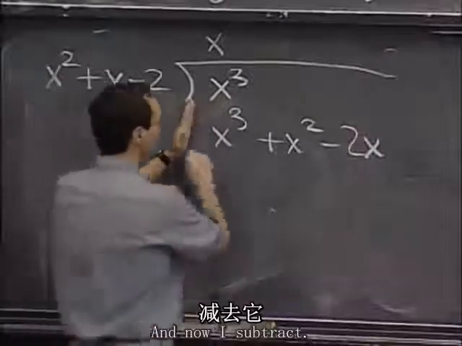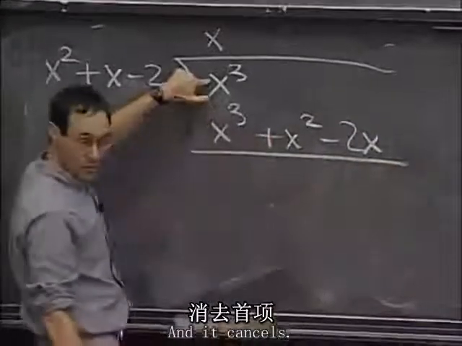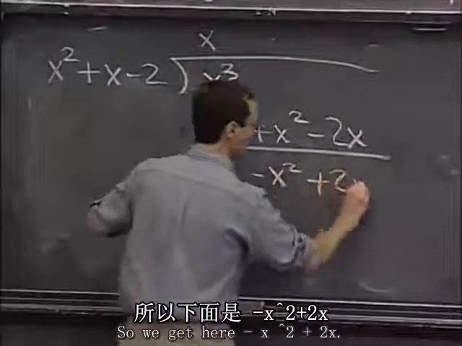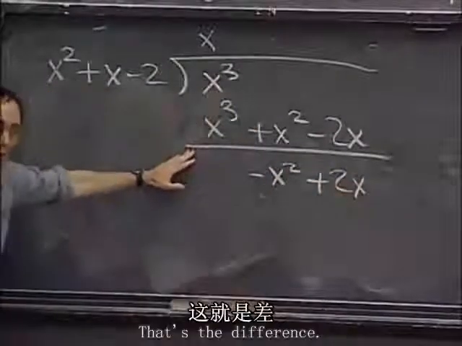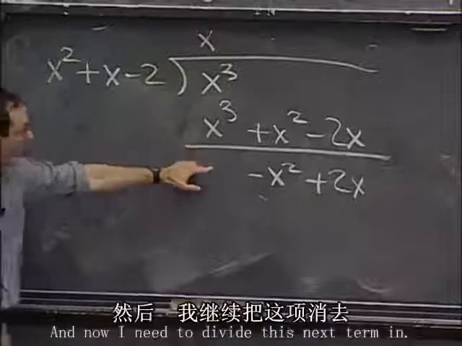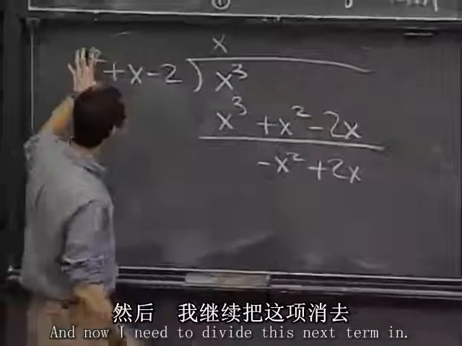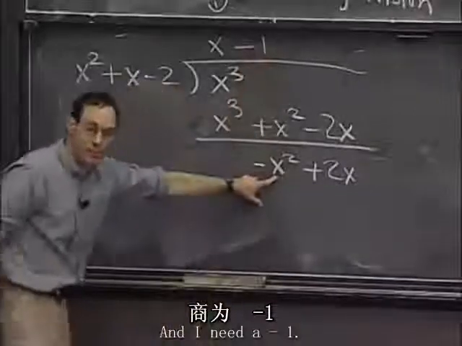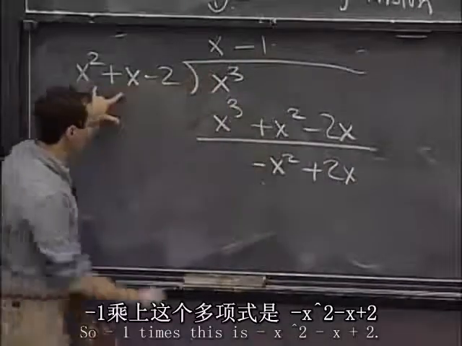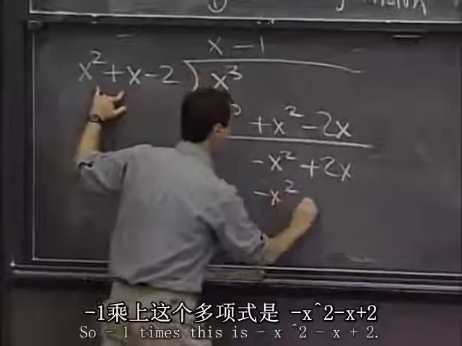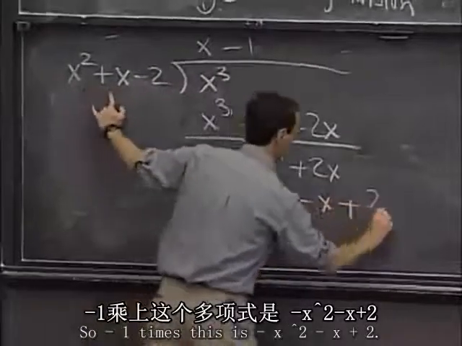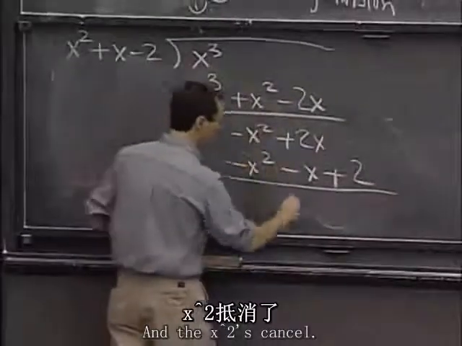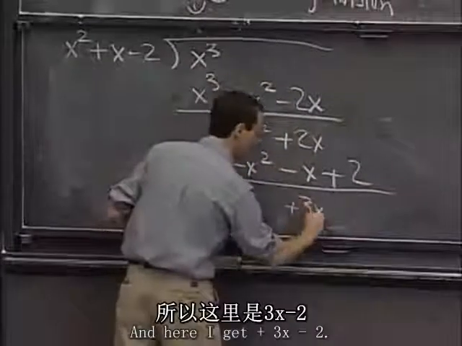And now I subtract, and it cancels. So we get here minus x squared plus 2x. That's the difference. And now I need to divide this next term in, and I need a minus 1. So minus 1 times this is minus x squared minus x plus 2. And I subtract, and the x squareds cancel, and here I get plus 3x minus 2.